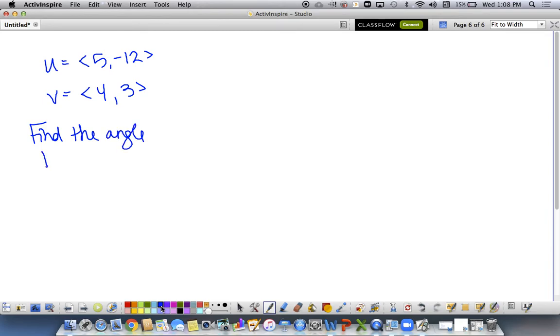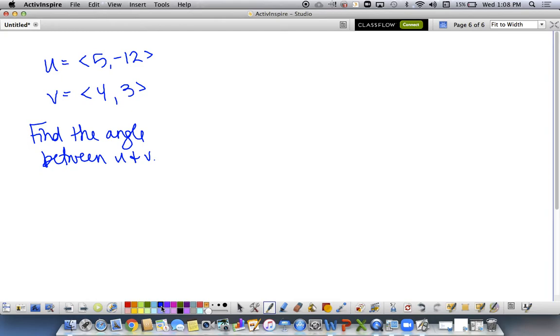If I give you two vectors, vector u is simply 5, negative 12. And vector v is 4, 3. They're being nice. Pulling problems from the book. Can you find the angle between u and v?